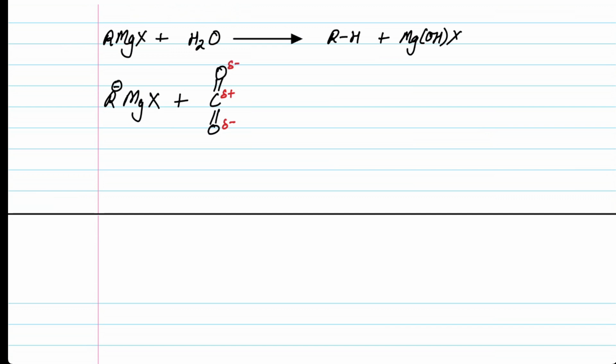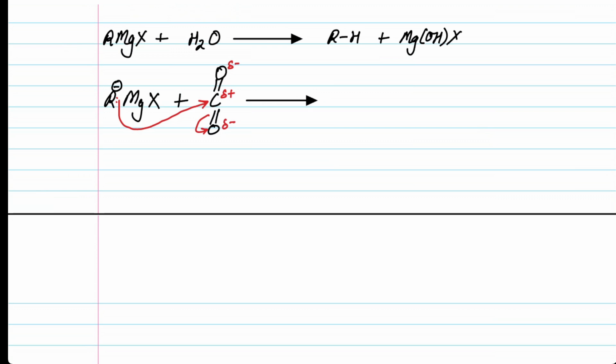So the carbon becomes the electrophilic center in carbon dioxide. The electron pair of the alkyl group of the Grignard reagent attacks the carbon with the positive charge, which leads to the cleaving of the bond towards oxygen. And of course, the negative charge on oxygen is going to react with the magnesium.